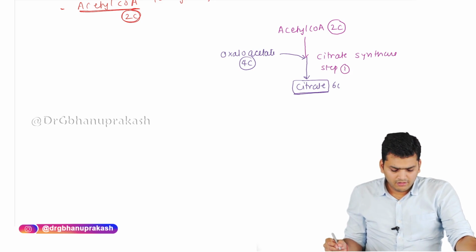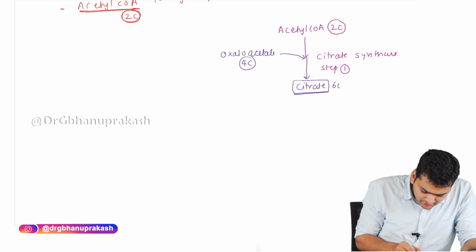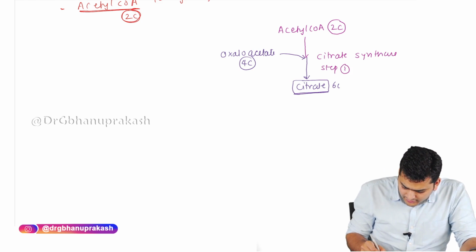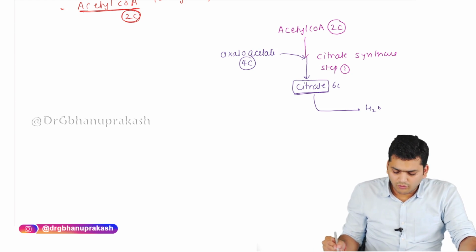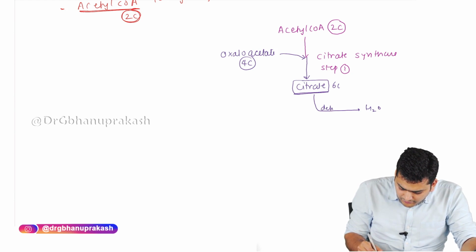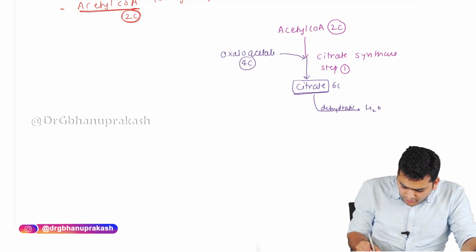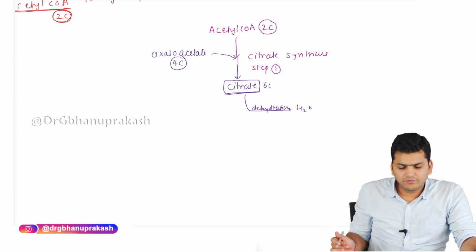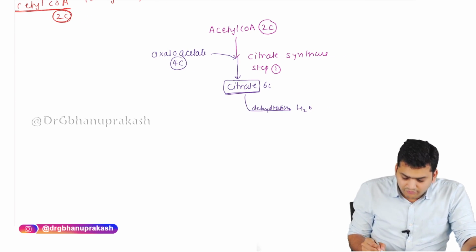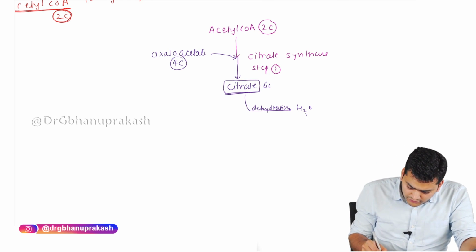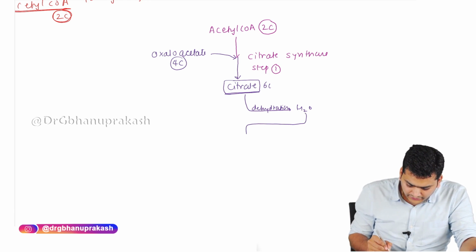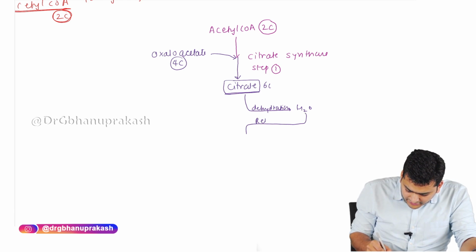Now, step number 2: from the citrate, we take out the water. If we take out the water, that is called dehydration. Once we have taken out the water, we give this water back to the citrate. That is called rehydration.